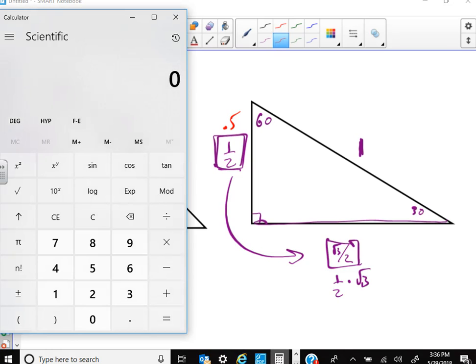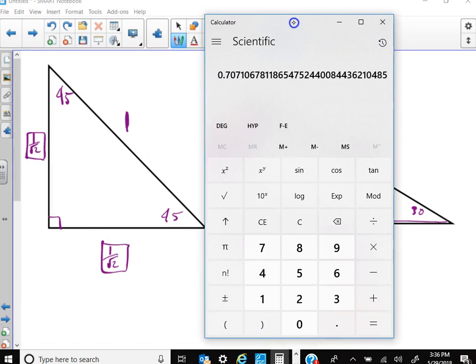But what about square root of 3 over 2? Well, let's see. Square root of 3 divided by 2 equals roughly 0.866. Meanwhile, 1 over the square root of 2, 1 divided by square root of 2, equals 0.707.